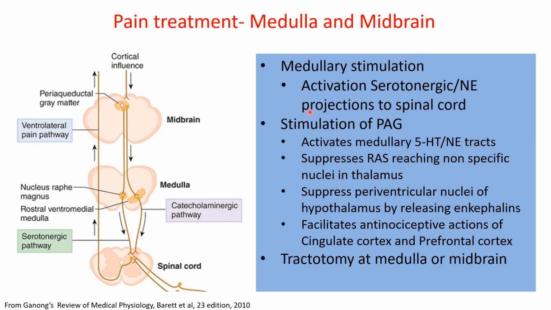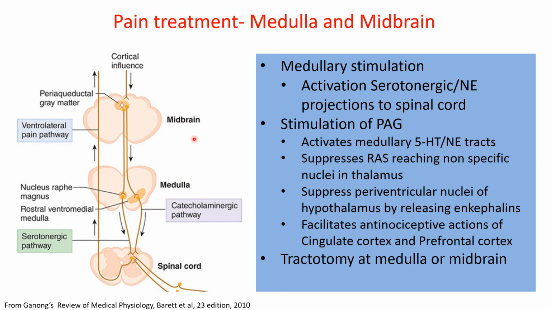At the same time, the periaqueductal stimulation, or the stimulation of the midbrain, would activate these pathways. That means we have the periaqueductal gray, and this pathway is projecting onto the raphe nucleus here and the locus coeruleus here, and that in turn suppresses the pain. That is via 5-HT and norepinephrine.